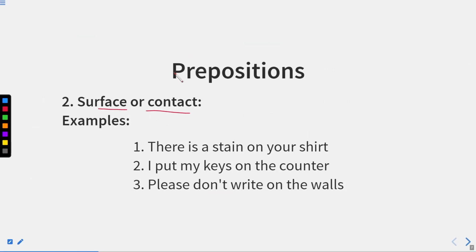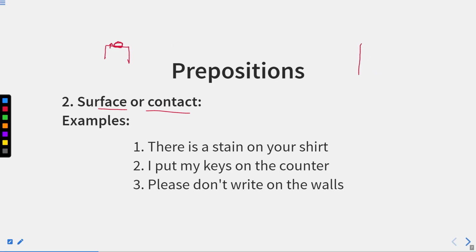Surface or contact. Which I have been telling you in all these sentences, this is written over here as well: in the case of on, it should touch the surface of the other thing. For example, suppose there is a table and some object is kept over here, it is just above it and touching the surface, so we are using on.